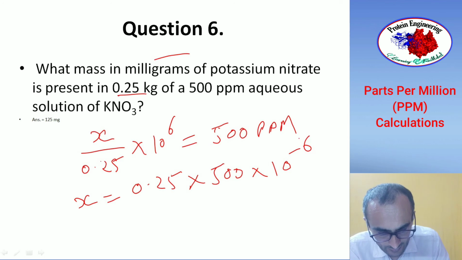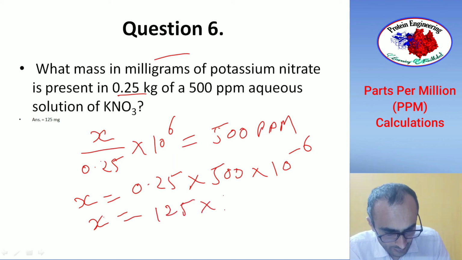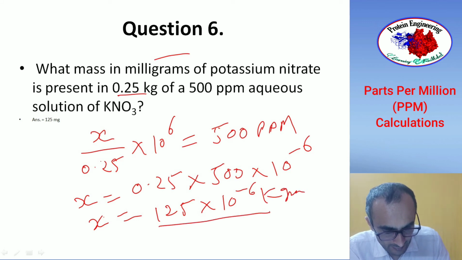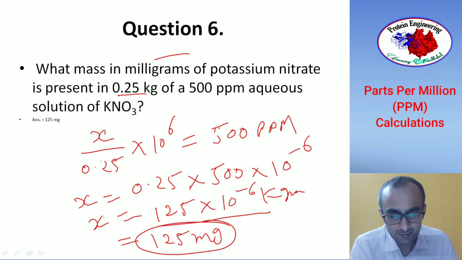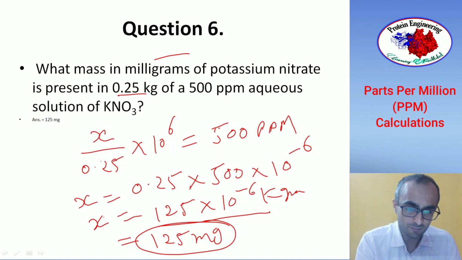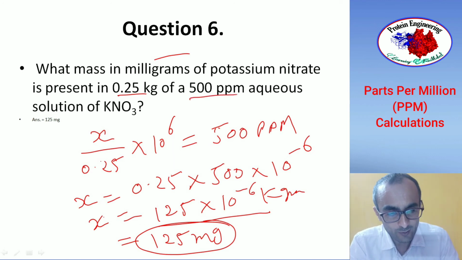So x is equal to 125 into 10 raised to power minus 6, and this is in kilograms, and that is also equal to, we can say that 125 mg. So 125 mg of KNO3 is dissolved in 0.25 kilogram of solution, and that make 500 ppm.